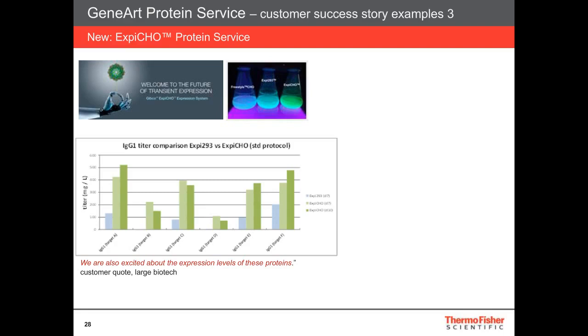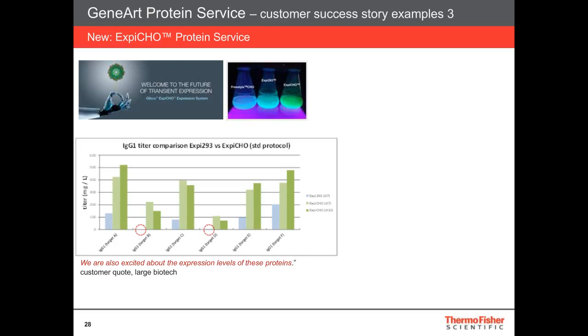So first of all, we tested those targets in the XP293 system, and as you can see, at least 4 out of those 6 antibody targets showed quite decent expression levels in the XP293 system of approximately 100 to 200 mg per liter titers. However, we still had 2 targets which actually showed almost no expression at all in the XP293 system.